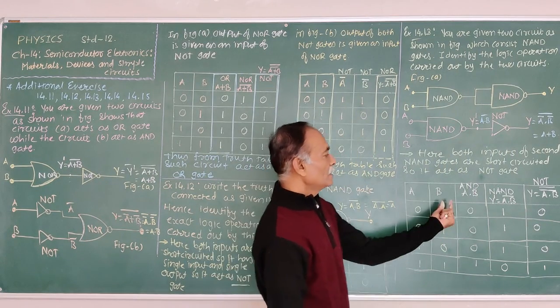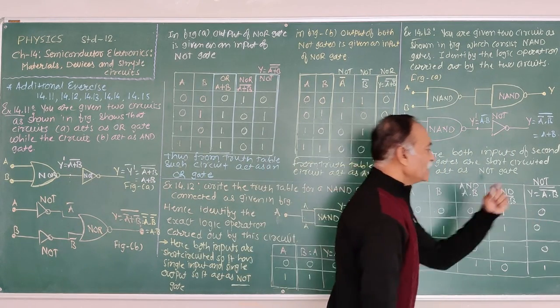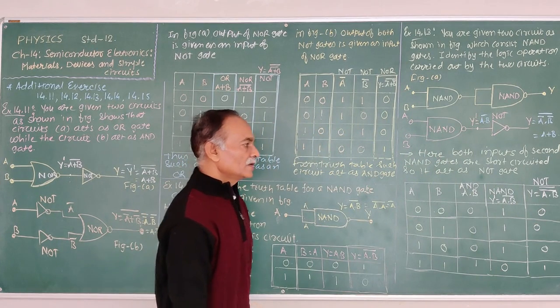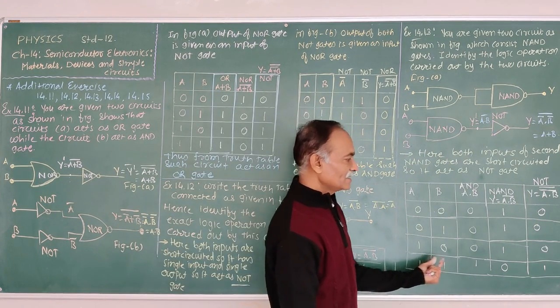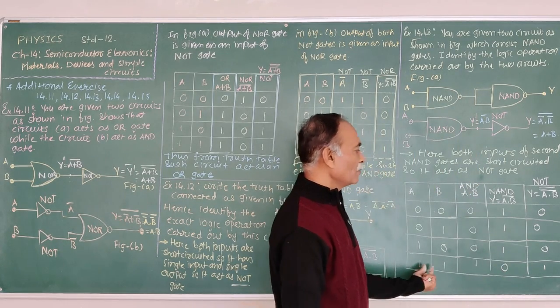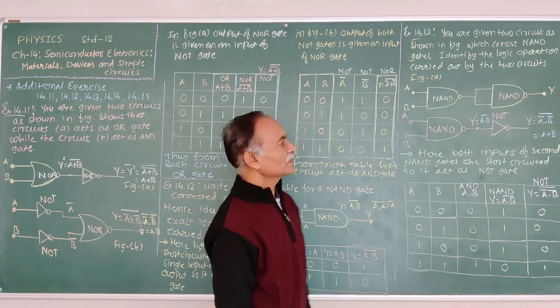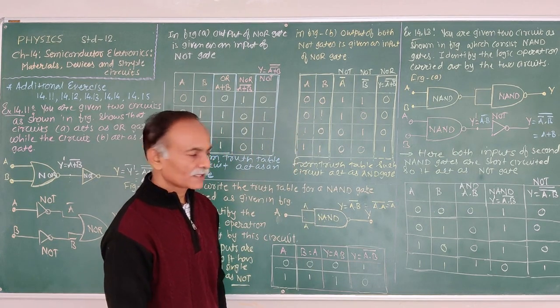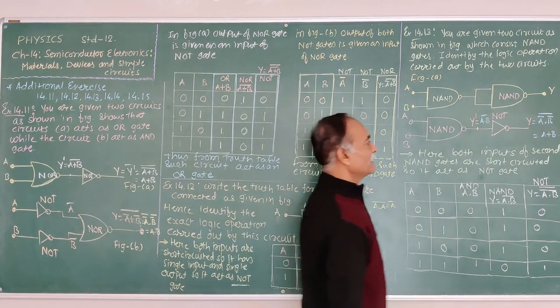So from the initial input and final output, we can say that the output is 1 only when both inputs are 1. Therefore, this combination acts as the AND gate. That is the characteristic of the AND gate.